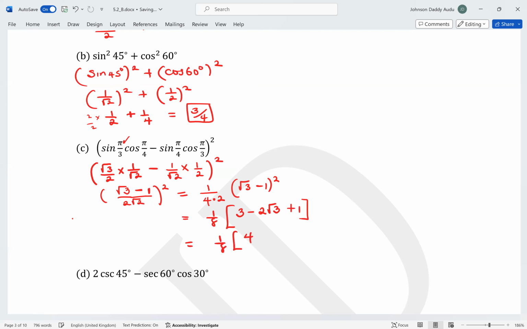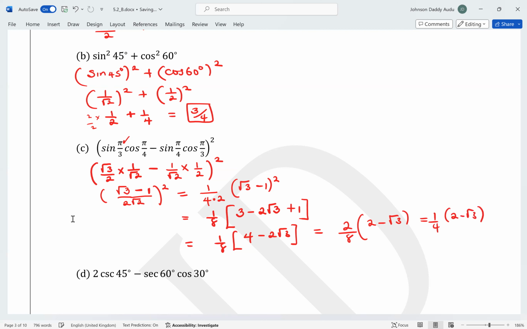This will be 4 minus 2 root of 3. And we can take 2 outside so that you have 2 minus root 3, over 8. Correct. Okay. I hope everything is correct here.